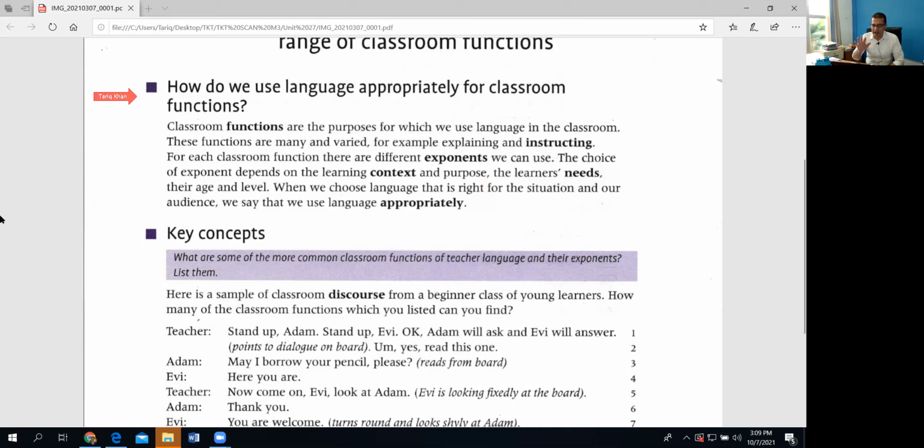So according to that context, purpose, learner's needs, then comes their age, because the same topic you are teaching to the primary, it's in a different way, then the lower secondary, then the higher secondary, then after the school, and to the adults. And the level of the language. There might sometimes be adults, but their level of English might be basic.